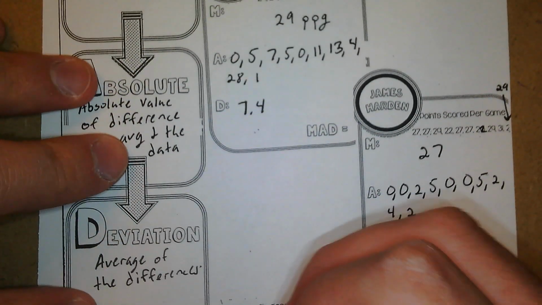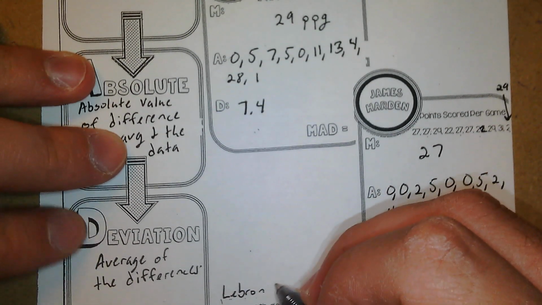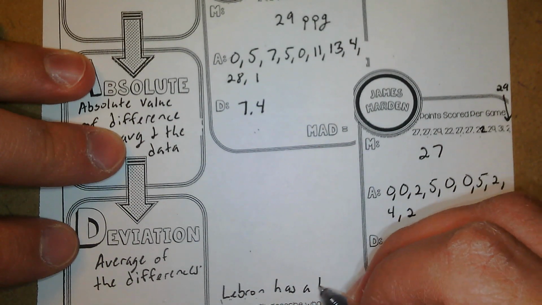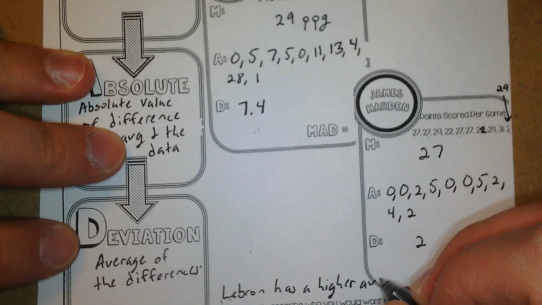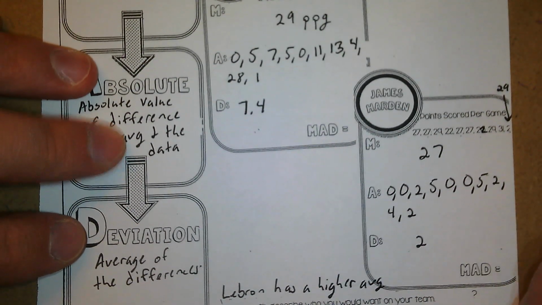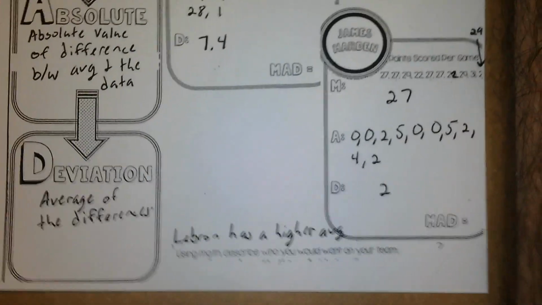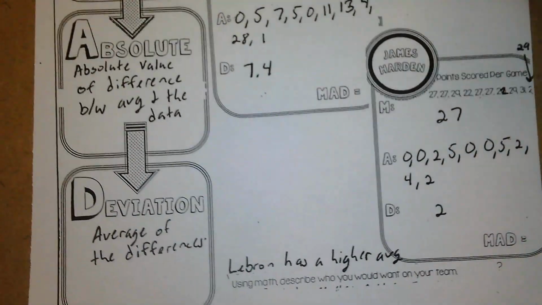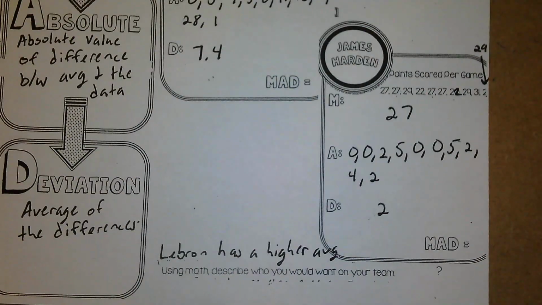Well, we can say LeBron has a higher average. There's no doubt about that. We know LeBron scored 29 points per game, and Harden only scored 27.